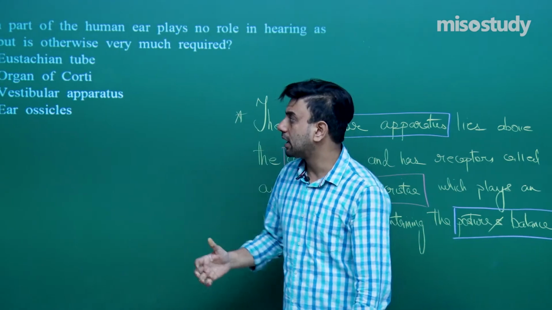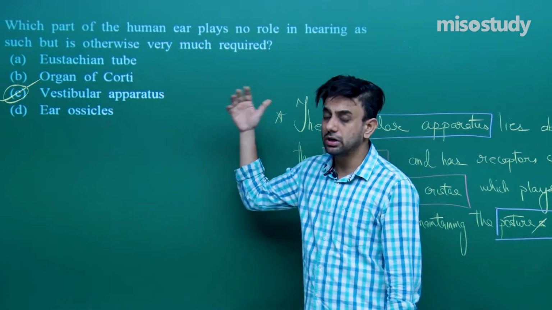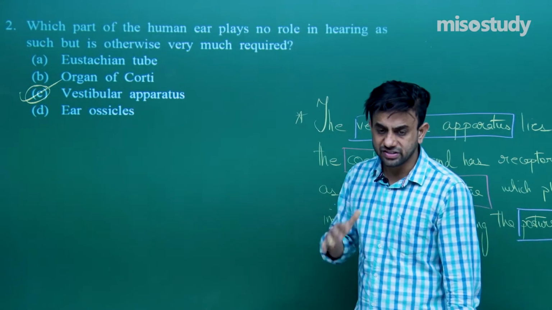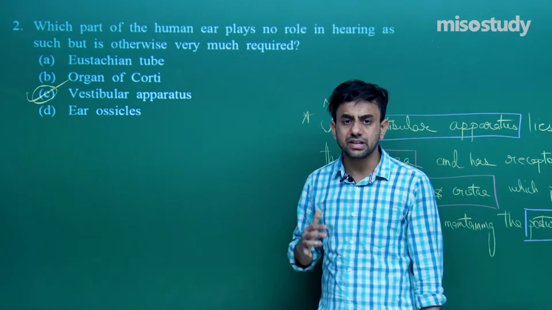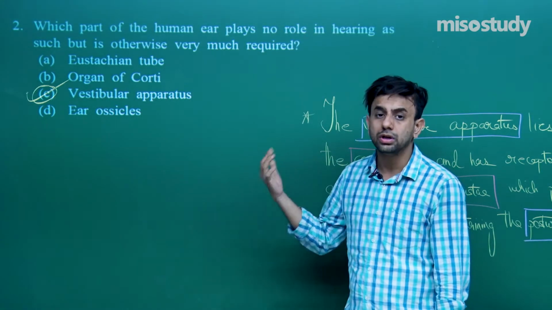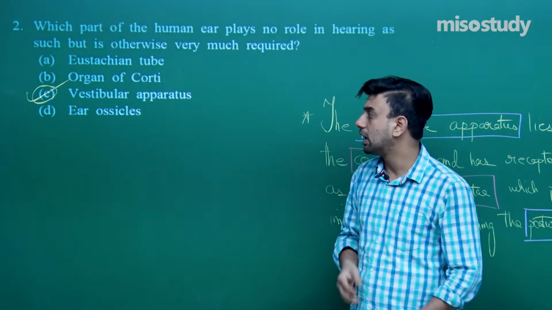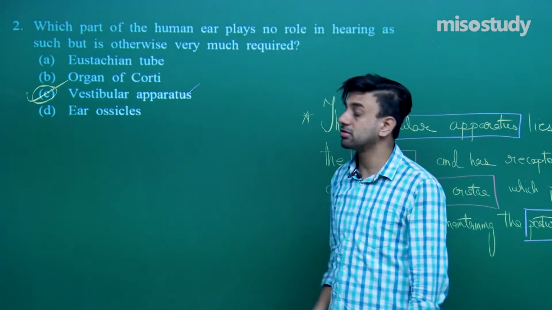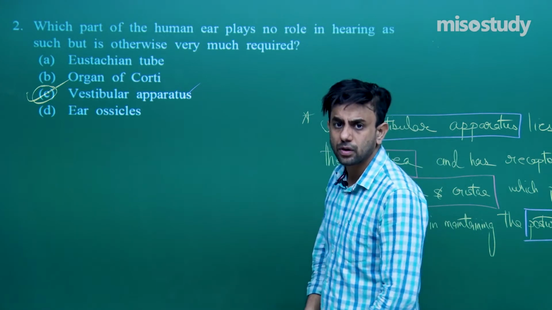Hence, it is not involved in hearing as such, but it senses gravity and maintains the equilibrium, the posture and the balance of the body, and that is why this vestibular apparatus is also very important.